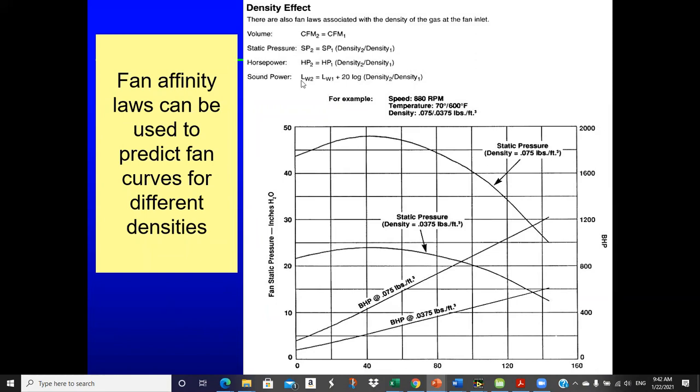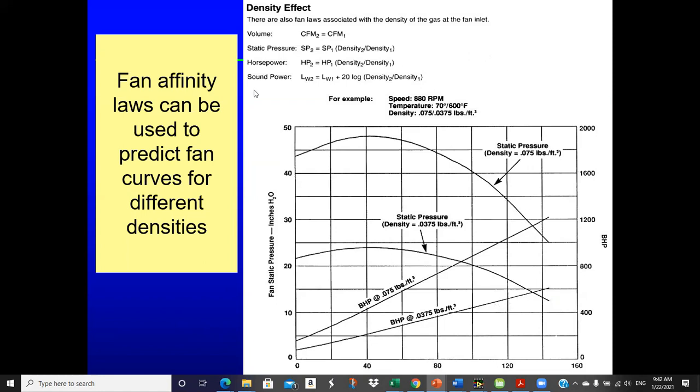So you can see, just when you go through the equations, the standard density fan curve is up here, and it's going to get cut in half as far as the pressure, because the density is half of what it was before. And the initial brake horsepower curve is up here, but because this air we're pushing only weighs half as much, it takes half the power. And so we get a different brake horsepower curve, which is half of the original.